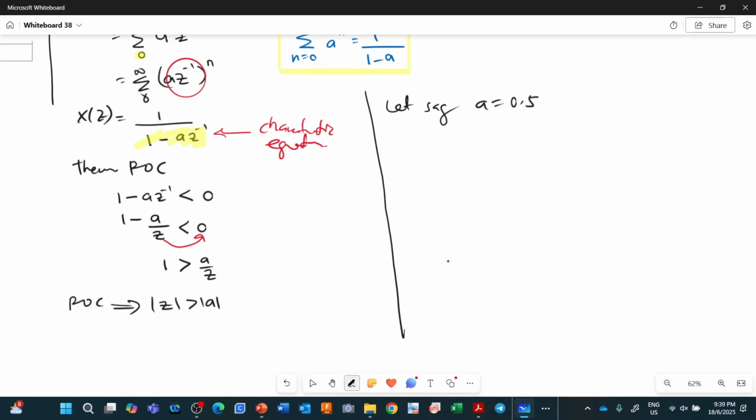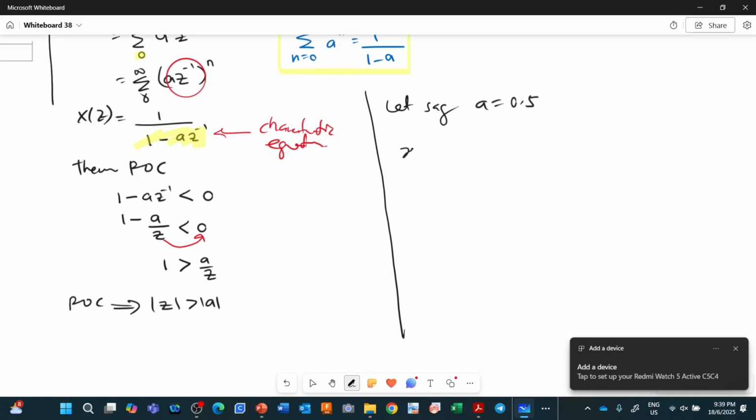So basically how you write x[n] is x[n] equals 0.5^n u[n], whereby the Z transform you get is 1 over 1 minus 0.5 over z.